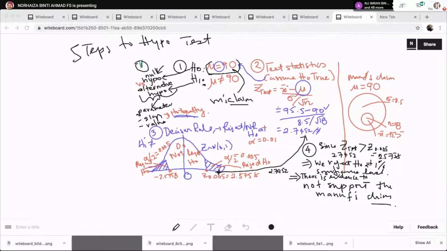Which distribution should I use for my test statistic?